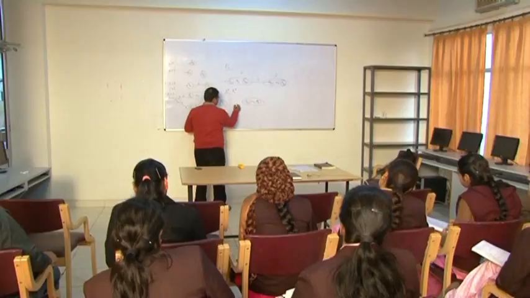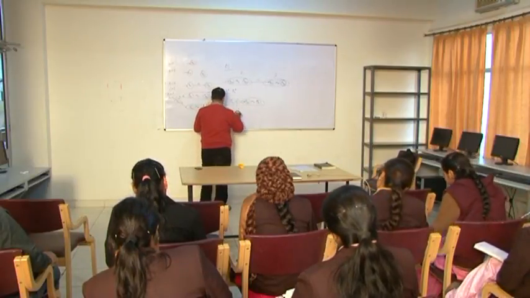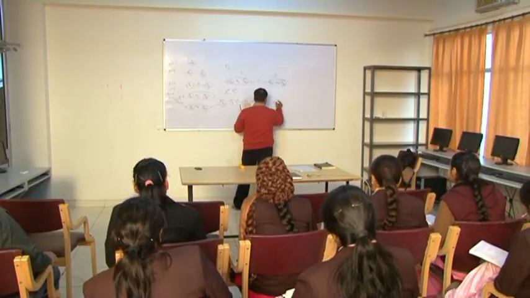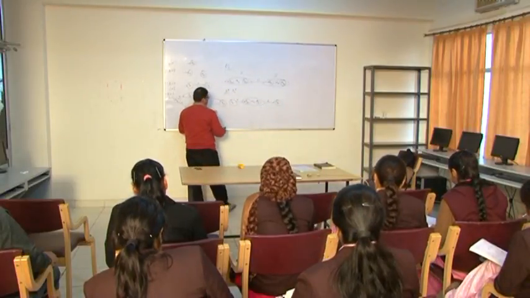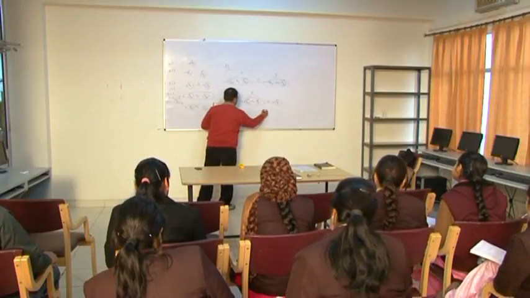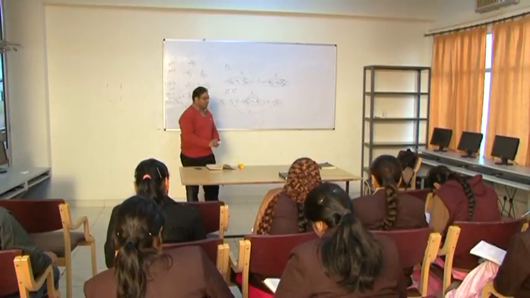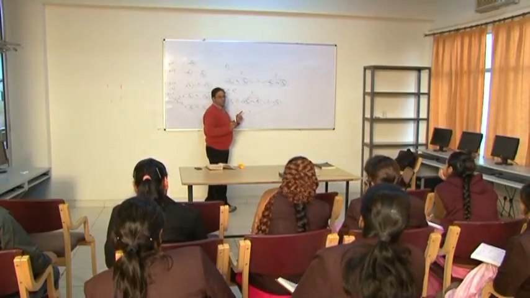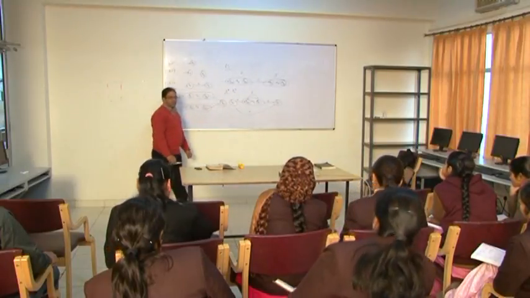Now how is it working? If it is repetition zero times, it will go directly from here to here, right?